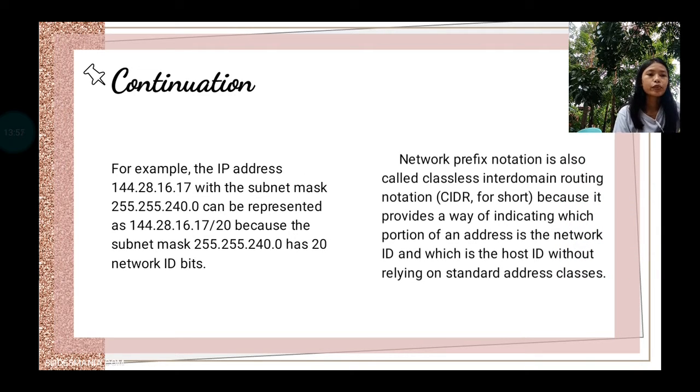Network prefix notation is also called classless interdomain routing notation, or CIDR, because it provides a way of indicating which portion of an address is the network ID and which is the host ID without relying on standard address classes.